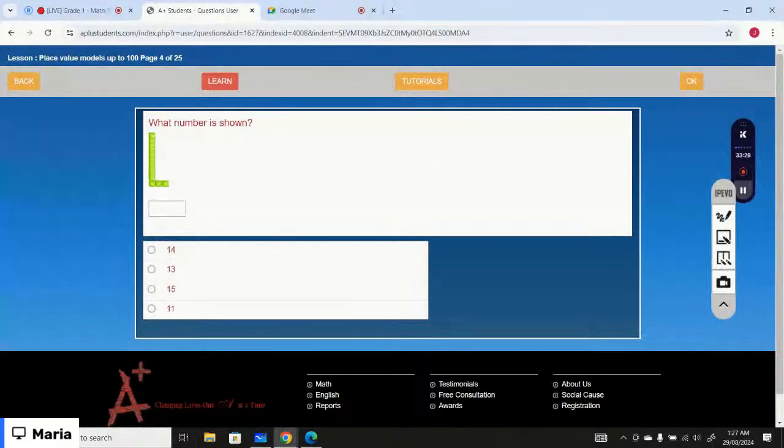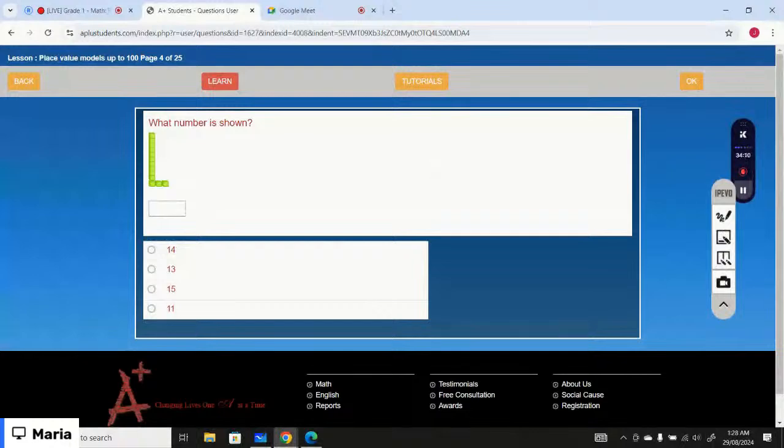What number is shown? Which is the correct option? The correct option is: you have 1 ten and 3 ones.